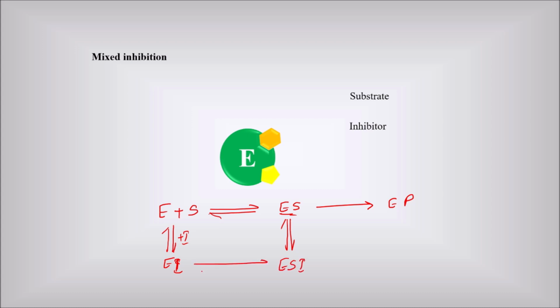So instead of 3 species of the enzyme, how many species will we have? The total enzyme will be free enzyme, plus enzyme bonded with the substrate, plus enzyme bonded with the inhibitor, plus the enzyme substrate complex which is bonded with the inhibitor. This is why it is known as mixed inhibitor, which has the mixed effect of both competitive as well as uncompetitive inhibitor. In the next class we will see how the kinetics will vary in the mixed inhibitor.